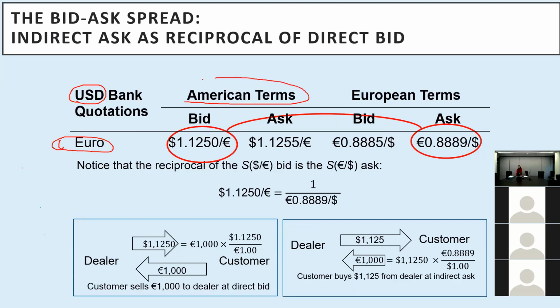So in American terms, this is the direct quotation. We are pricing the euro in terms of the USD, yeah? So for this particular bank, they are buying the euro at 1.125 and they are selling the euro at 1.1255, yeah?